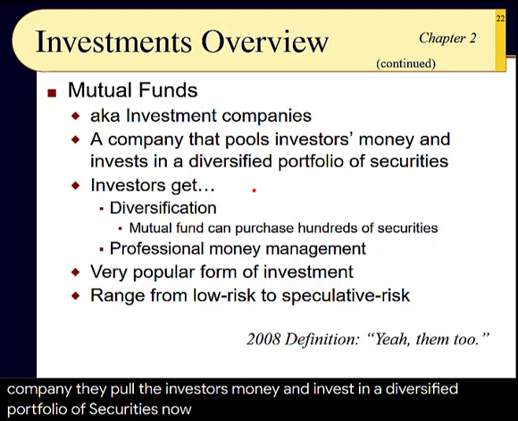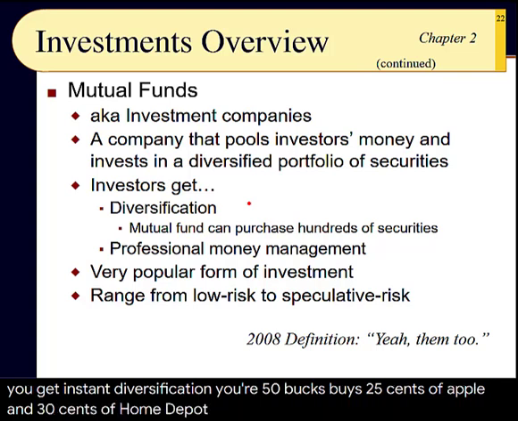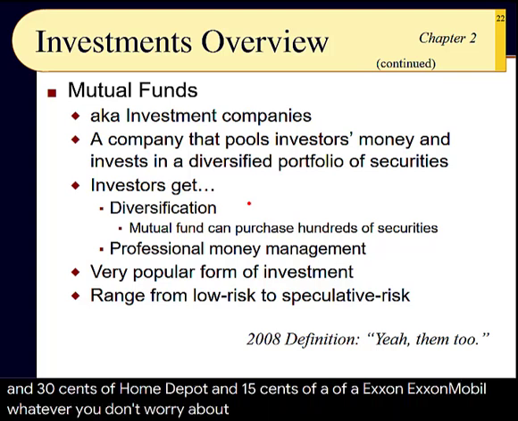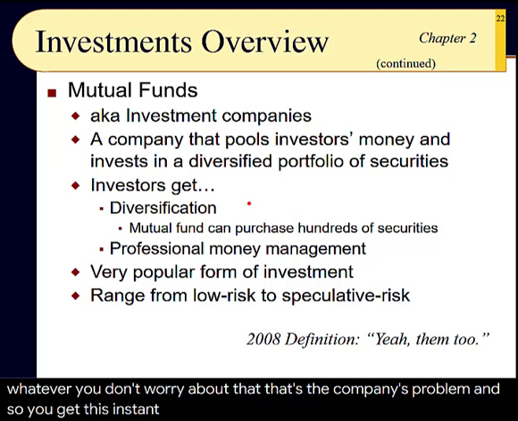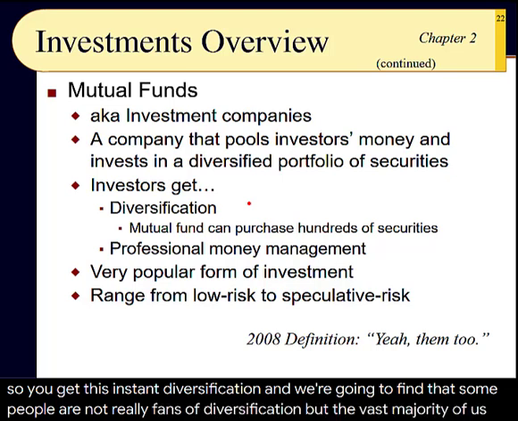Now, what are the advantages of these things? Well, you get instant diversification. Your $50 buys 25 cents of Apple and 30 cents of Home Depot and 15 cents of ExxonMobil, whatever. You don't worry about that. That's the company's problem. And so you get this instant diversification, and we're going to find that some people are not really fans of diversification, but the vast majority of us should be.